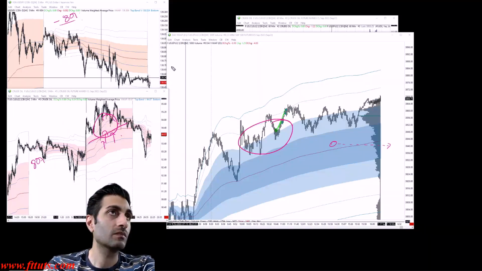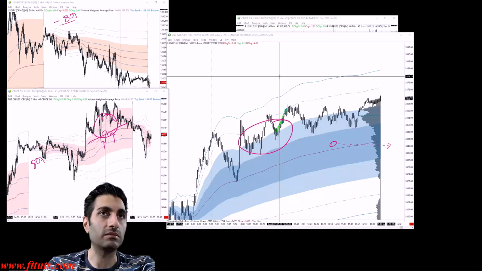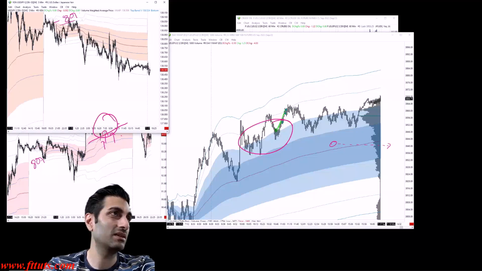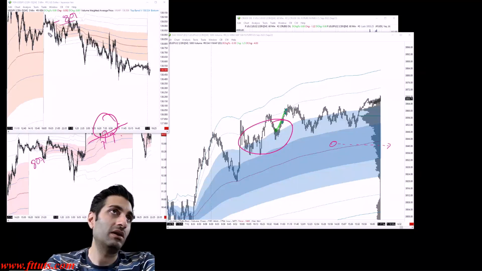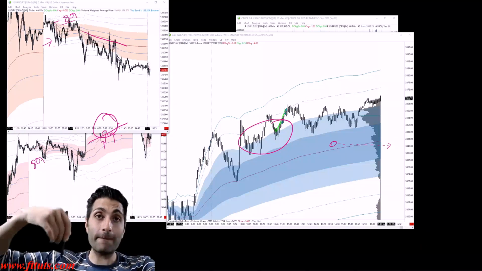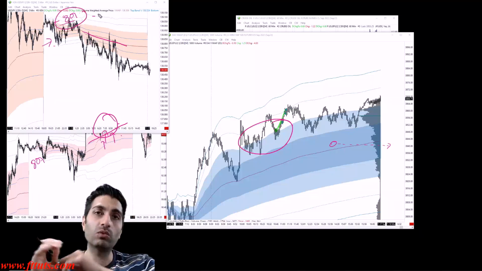And then over here, if we look at this market, it's exactly the same. The rotation failed, and what do we start to do? Go imbalance down. We're going imbalance down, it's negative correlation. What would you expect?